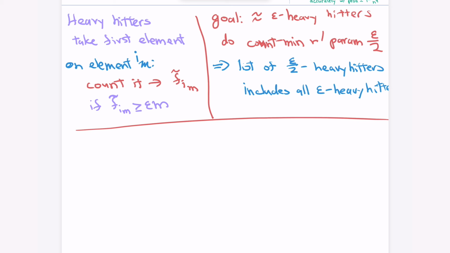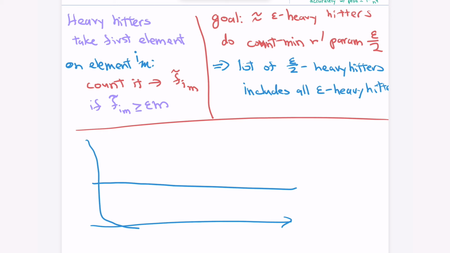The idea is, suppose I listed all the elements in descending order of frequency. And there are different distributions. You can have one distribution where everyone's very similar to each other, and you can have other distributions that are extremely sharp or something like this.